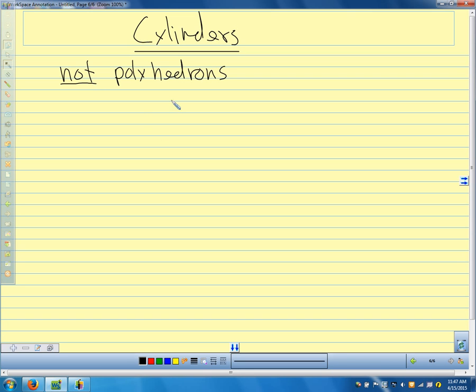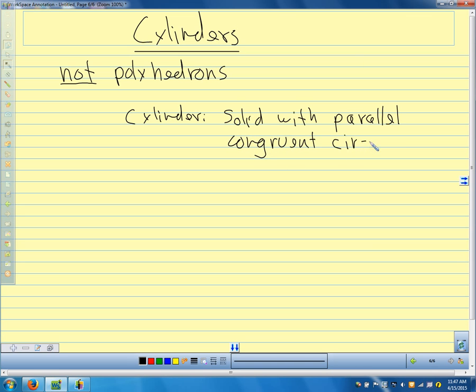So a cylinder. I'm just going to call it a solid with parallel congruent circles as bases. So our bases are circles. They're parallel and they're congruent, just like with prisms.